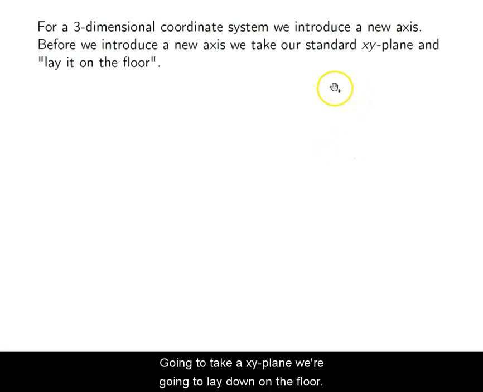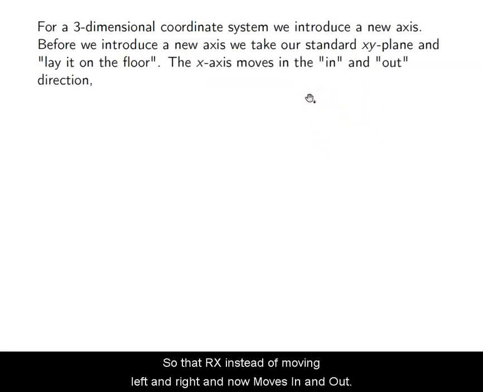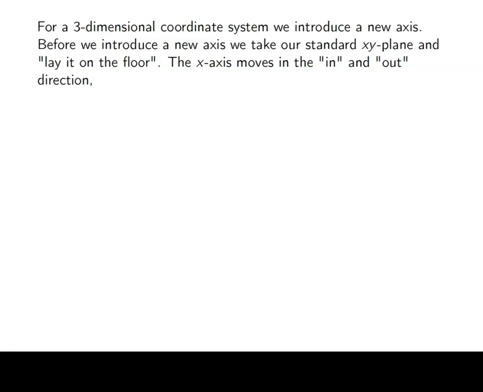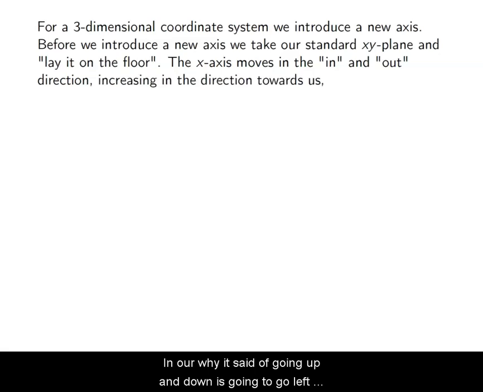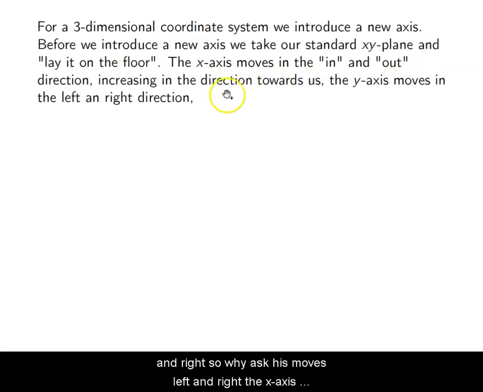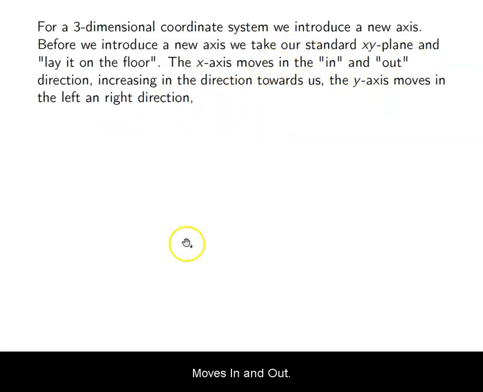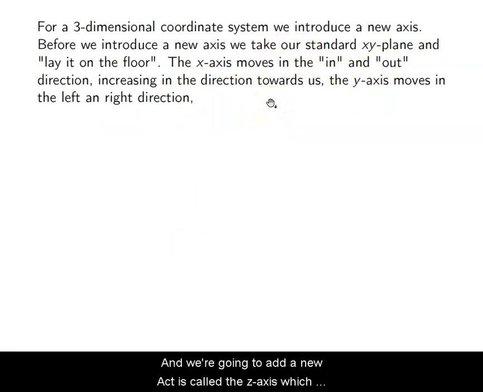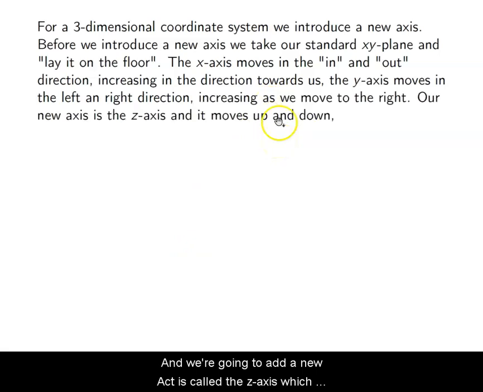We take our XY plane and lay it on the floor so that our X, instead of moving left and right, now moves in and out, and our Y, instead of going up and down, goes left and right. So the Y-axis moves left and right, the X-axis moves in and out, and we add a new axis called the Z-axis, which moves up and down.